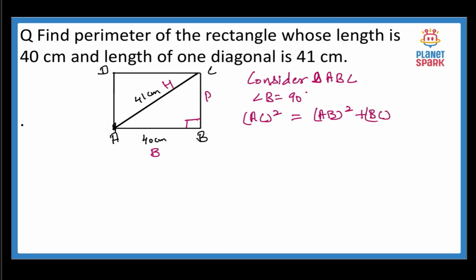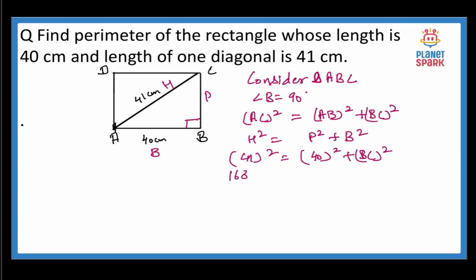Again Pythagoras theorem states that AC square would be equal to AB square plus BC square because hypotenuse square is equal to perpendicular square plus base square. AC is 41, AB is 40, BC we have to find out. So we can write it as 41 square is 1681, 40 square is 1600, plus BC square.